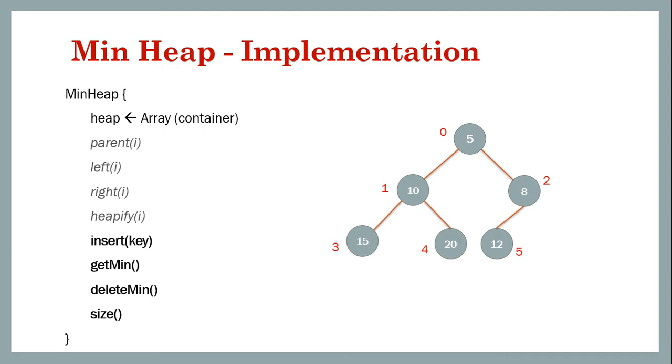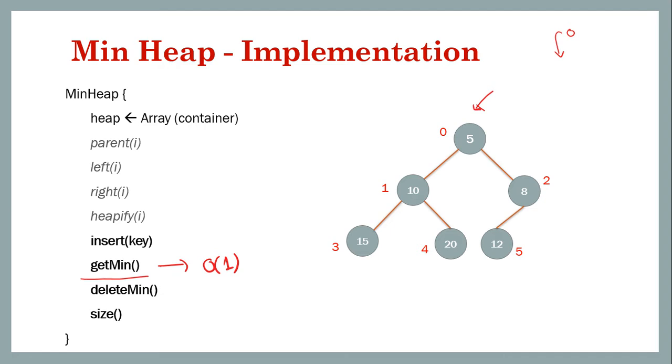So there we use a binary heap or min heap. The requirement is that this get min operation should be O(1), and it really is O(1) because you can directly access the container at index 0.